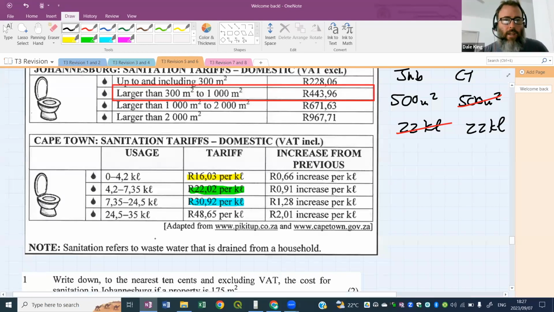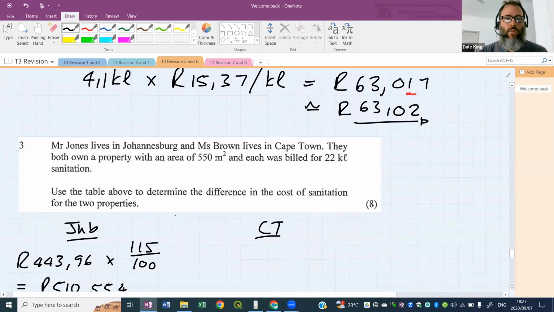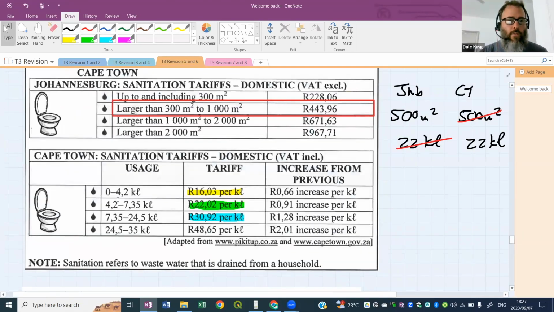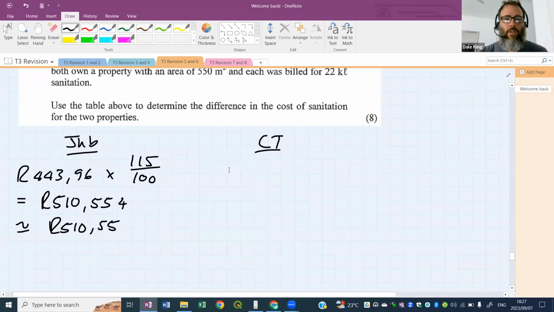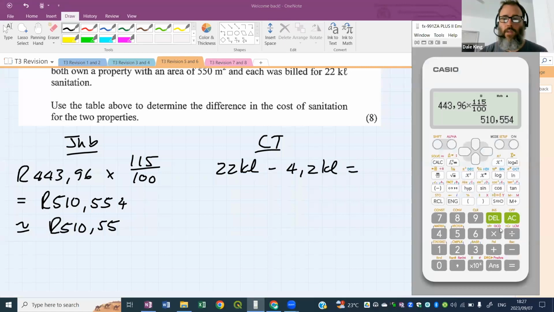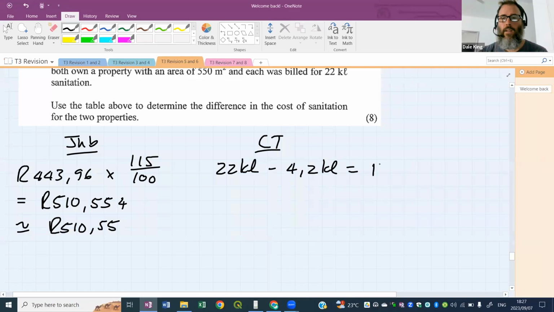Yes. Okay, let's start with the first one. So we've got 22 kiloliters, Ben. I need to charge for the first 4.2 kiloliters. So I'm going to start this off by saying I've got 22. The first 4.2, I'm going to take this 4.2 off my 22, all right? And that leaves me with 22 minus 4.2 leaves me with 17.8 kiloliters left.